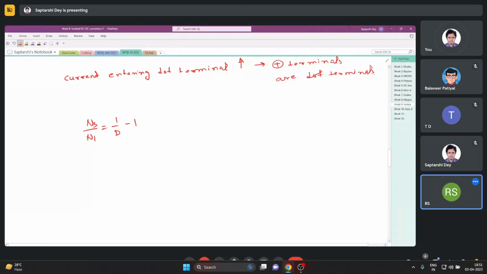In the forward converter we say this, and in the flyback converter the flux will not come to zero. It will come to some minimum value after every switching cycle. That depends on how we design.